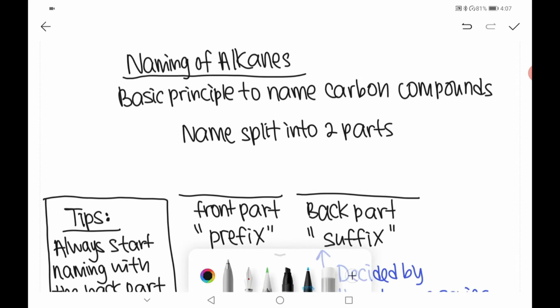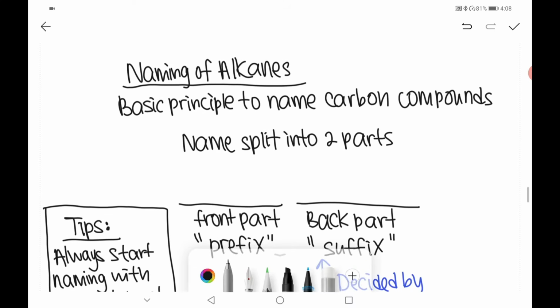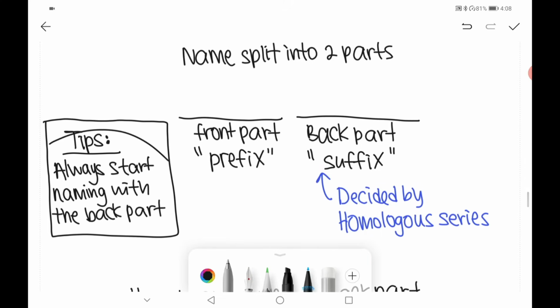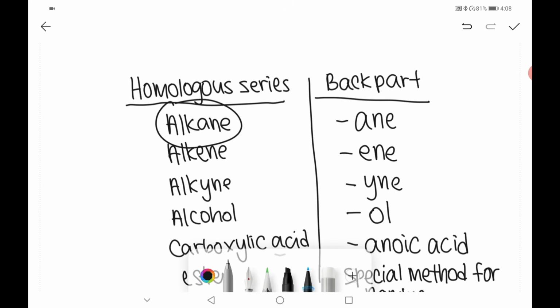If you want to name a carbon compound, the name has 2 parts. Always start the naming from the back part. To name the back part, we need to know the homologous series. If the substance is alkane, the name will finish with ane. If alkene, the name will finish with ene.